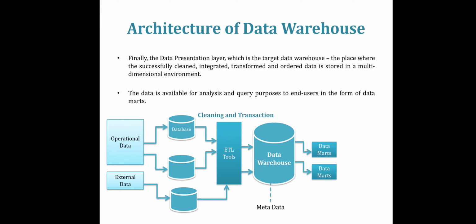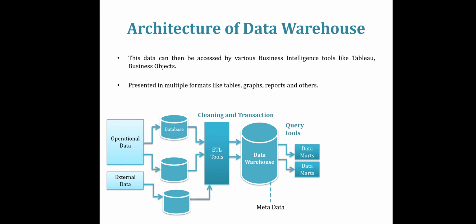This is the final layer of the data warehouse architecture, and it is called the data presentation layer. This layer is made up of clean, ordered, transformed and integrated data stored in the target data warehouse using a multi-dimensional environment, that is, the data cube format.